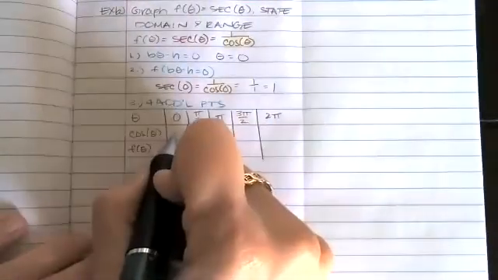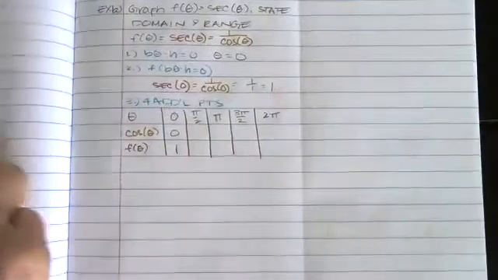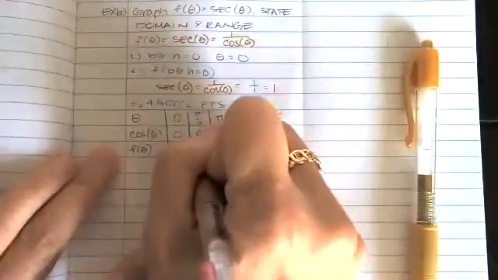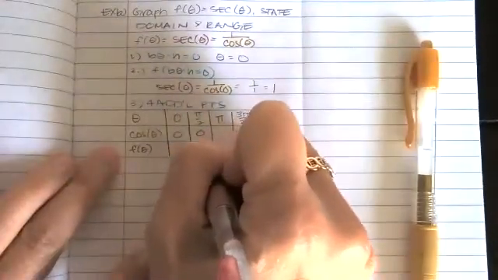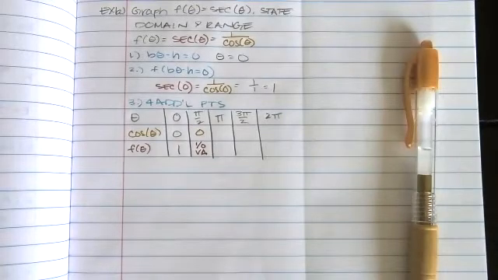So we came up with that this would be 0, and so this would be 1. And remember that the cosine of pi over 2, that's 0, but that means this will be 1 over 0, or a vertical asymptote. Are we okay with that part? Yeah, can you repeat that one more time?